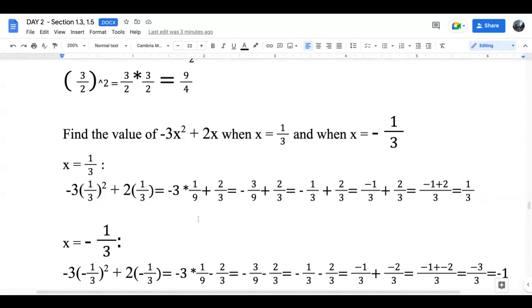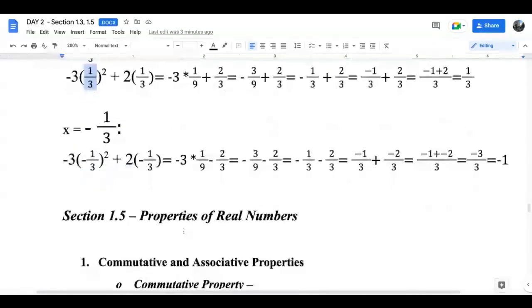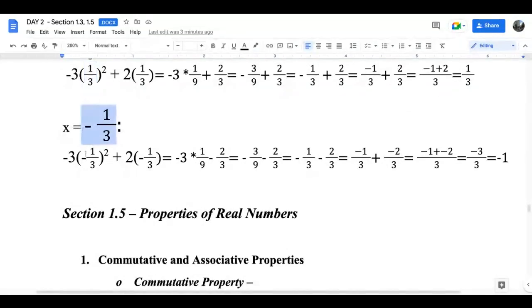Just evaluation, right? Just plug in the value for the variable. Let's say negative 1/3. Negative 1/3 squared is the same as 1/3 squared, so the first term is the same, negative 3 over 9 or negative 1/3. The second one is 2 times negative 1/3. 2 is positive, positive times negative stays negative. So we get negative 2 over 3.